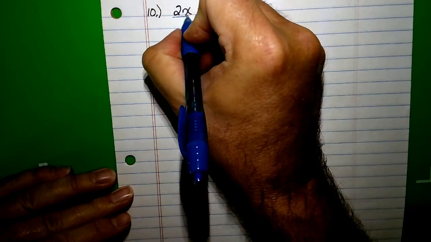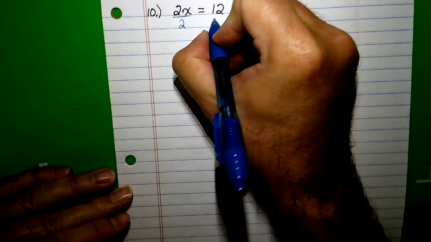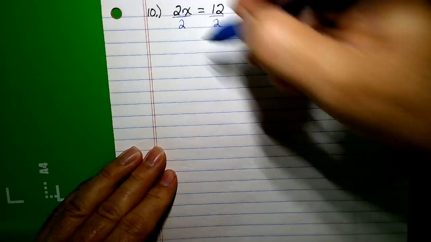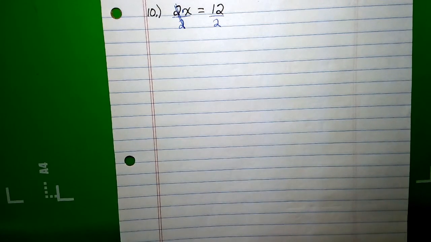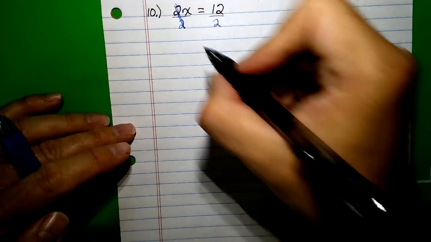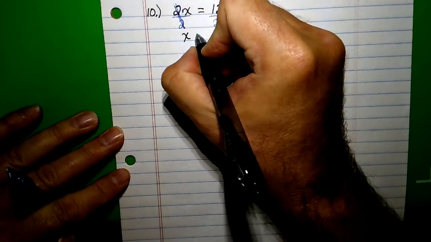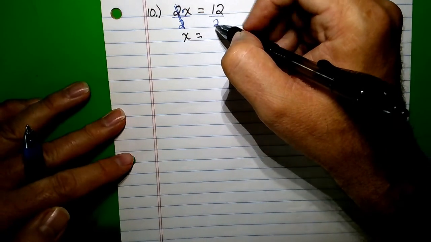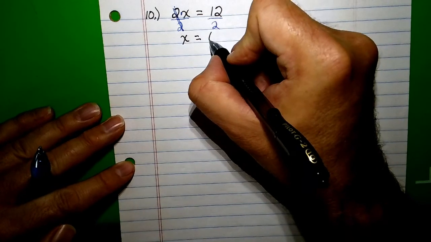We're going to divide both sides by 2. When we do that, the 2 divided by 2 is just a 1. And we don't need to write coefficients of 1. We'll just write x equals 12 divided by 2 is 6.